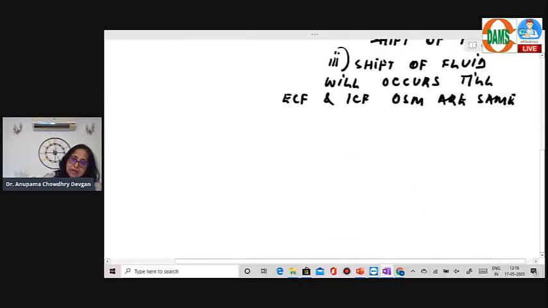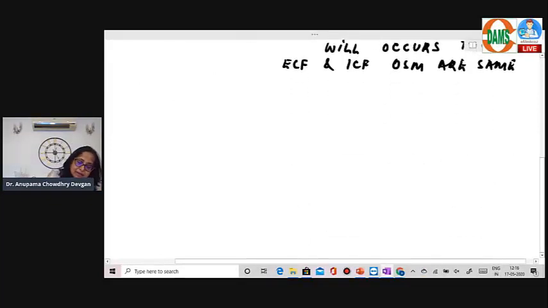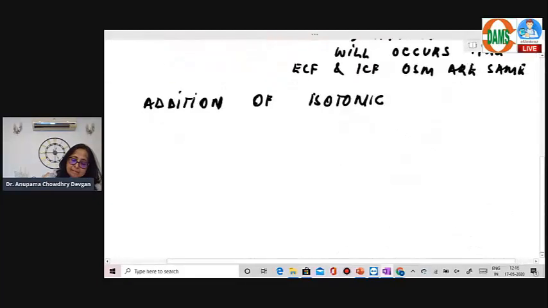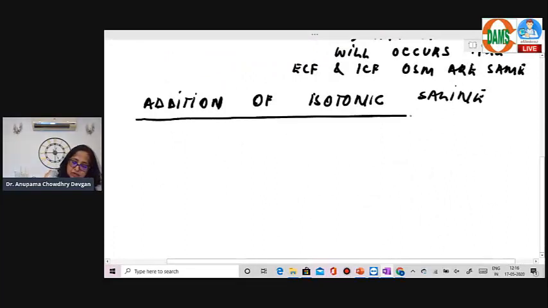Now, let's take the first clinical example, and that is supposing I add 500 ml of isotonic saline. So let's see what will happen if there is addition of isotonic saline.